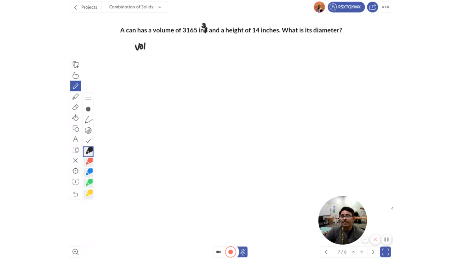So the volume of a cylinder, let me write the formula, which is pi times radius square times height. You have to memorize all these formulas. Now, here volume is given as 3165 cubic inches. Therefore, this one is to be plugged in here.